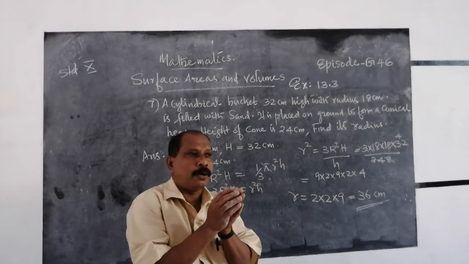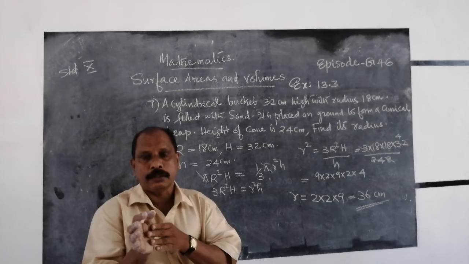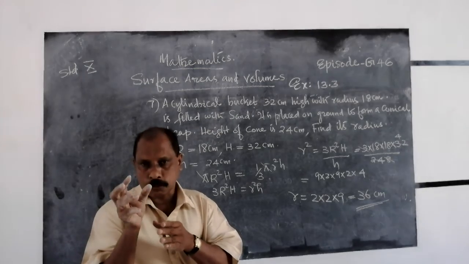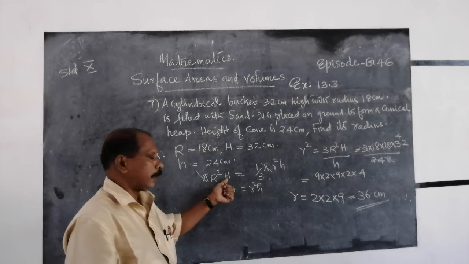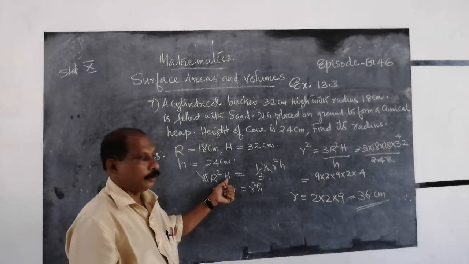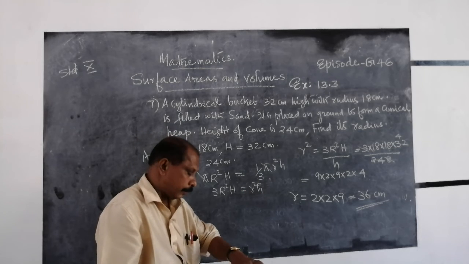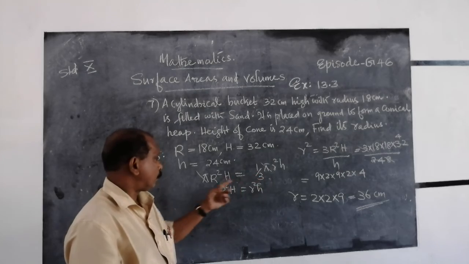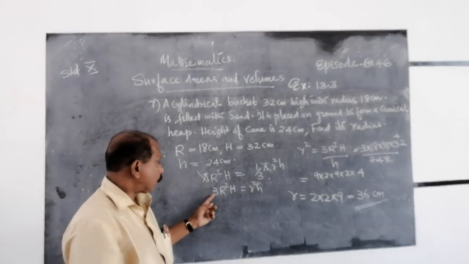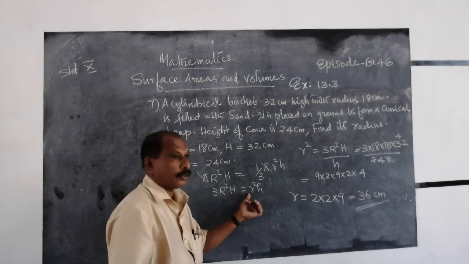We know that the volume of the sand in the cylinder is equal to volume of that sand as a conical shape on the ground. That is pi R square H, that is the volume of sand in the cylinder, is equal to 1 by 3 pi r square h, that is the volume of sand in the cone shape. Therefore, pi cancels, 3 goes to the numerator, cross multiplication, 3 R square H is equal to small r square h. We can find out r square.